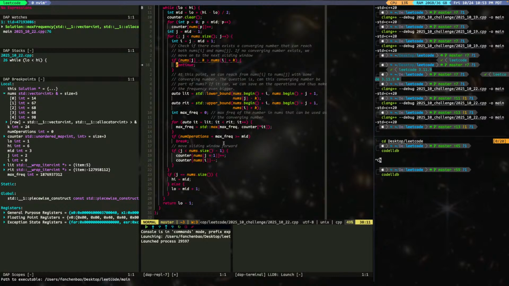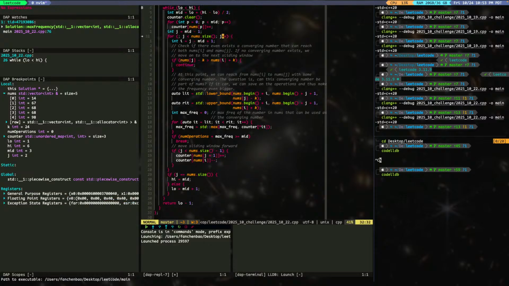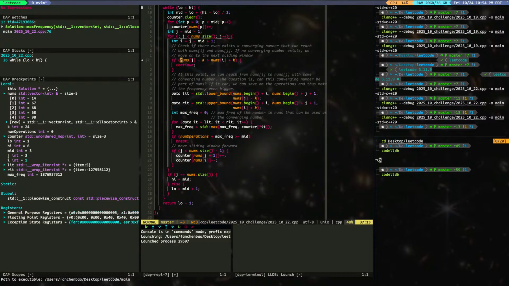Alright, so 68 minus 27 and 24 is 44. 14 plus 24 is 38, so we skip. Perfect. Now I have 66. Okay, that's good. So 67 and 68. And then, right?